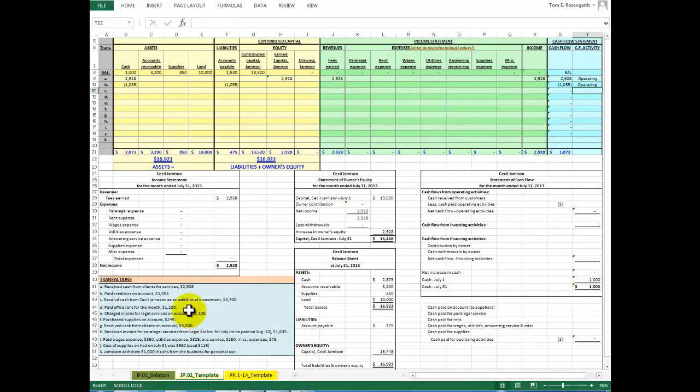Third transaction, received cash from Cecil Jameson as an additional investment, $3,700. So in this transaction, like the previous ones, cash has changed. We will enter a positive amount to show the increase in cash. But this time, the business did no action to earn that cash. It was simply a contribution from the owner, Cecil Jameson, so we will increase the contributed capital account $3,700.